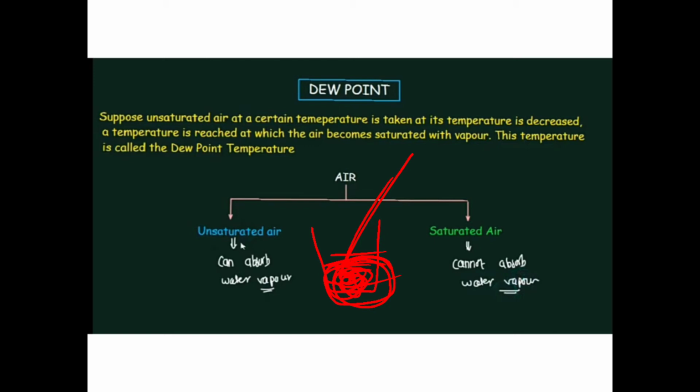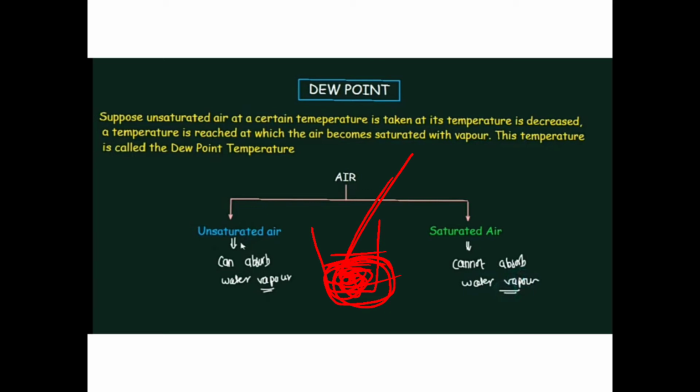So whatever extra water vapor there was will get converted into dew drops, and hence we get the dew drops in the early morning in the winter season. Got it? So is this point clear to you?